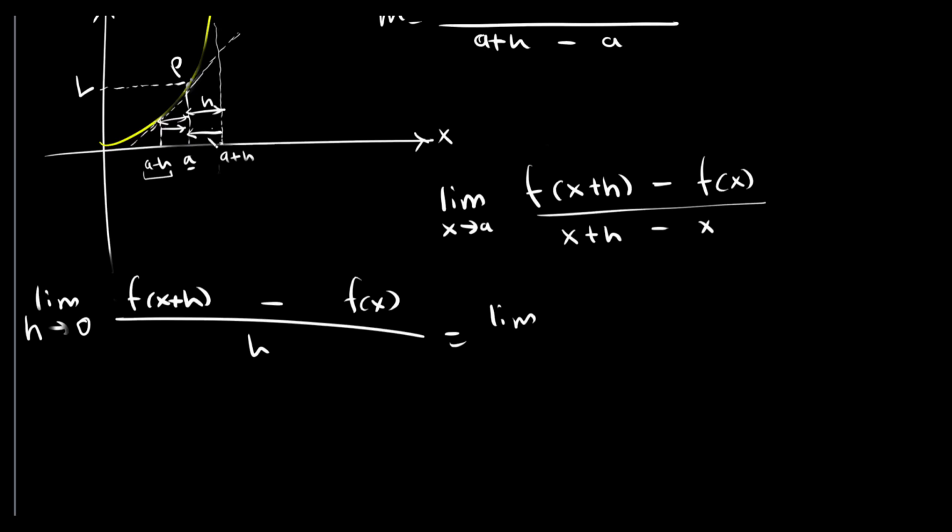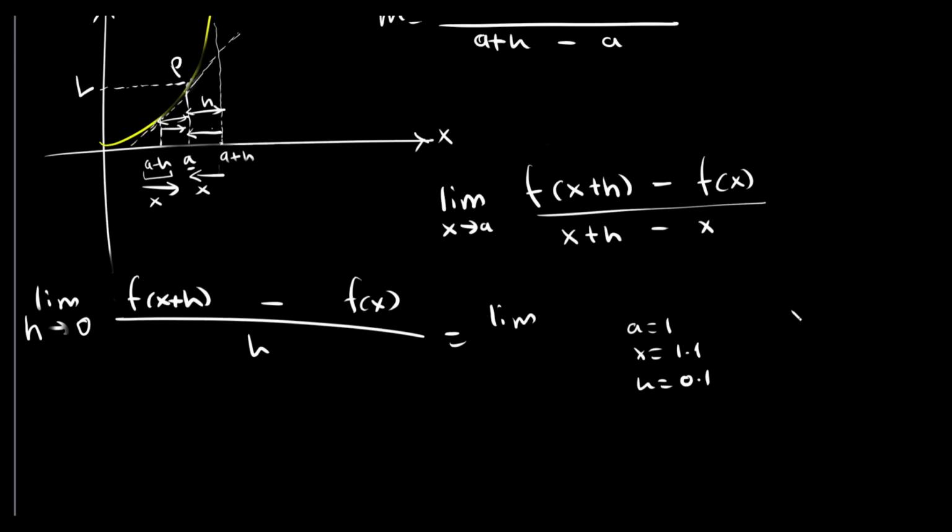What I want to do is to close in my x right here. My x is approaching a, right? Now let's take a equal to 1. Let's take x equal to 1.1. My h is going to be 0.1, right?